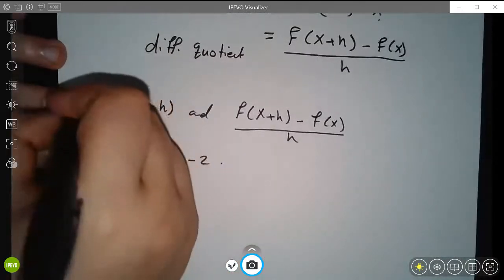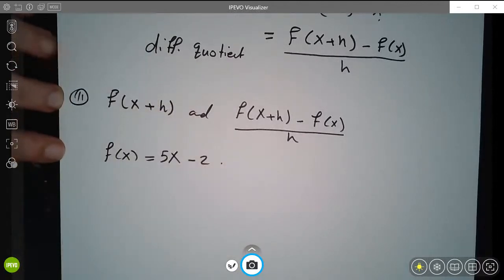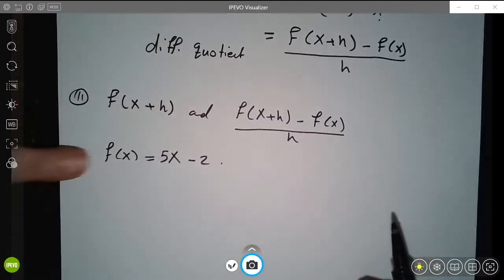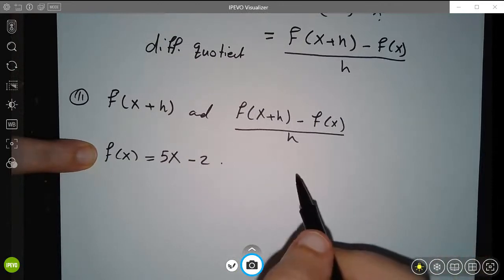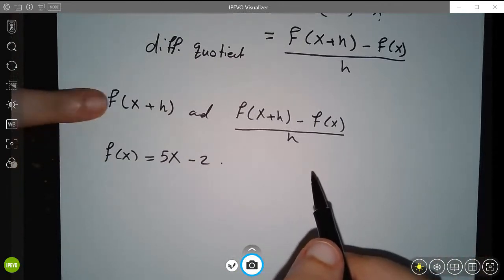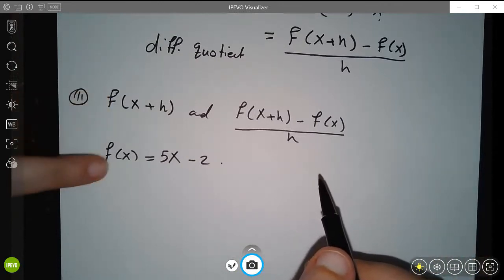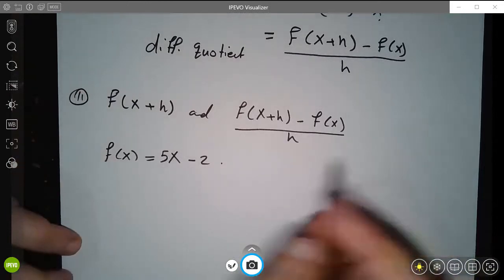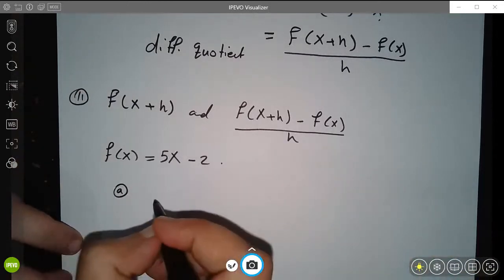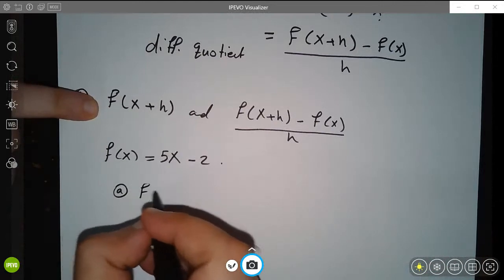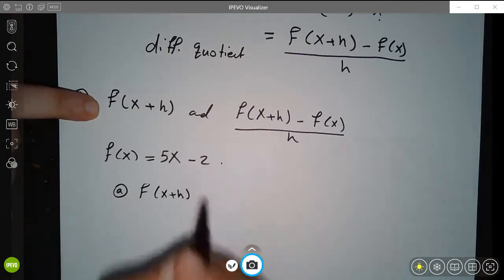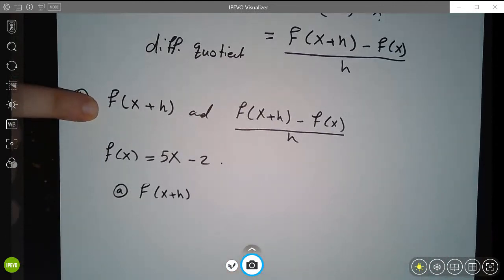So it's number 11. What the question is asking is that I want you to use this function right here to first do what? Find this one. The first purpose, let's call it A, find f of x plus h. Oh, I lagged. Is it still lagging? This looks okay now.